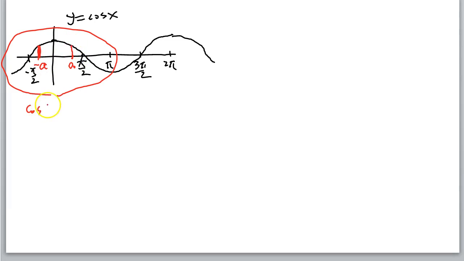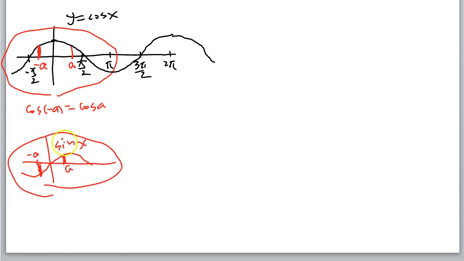So that's why cosine of negative a is equal to cosine of a. This is different from the sine case. In the sine case, you have this, and if you evaluate at negative a, that's negative of the value of the function at a. So this will be the sine x. But cosine, it just consumes away the negative.